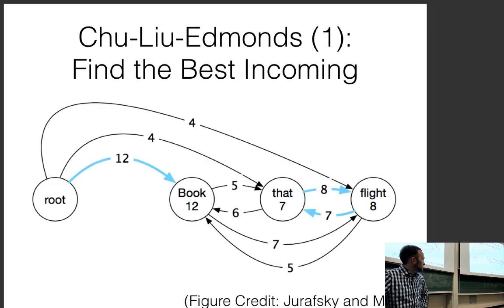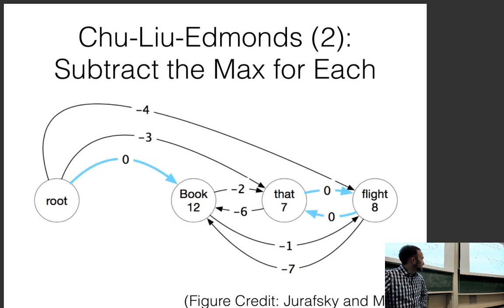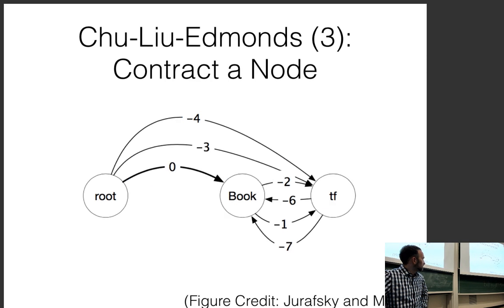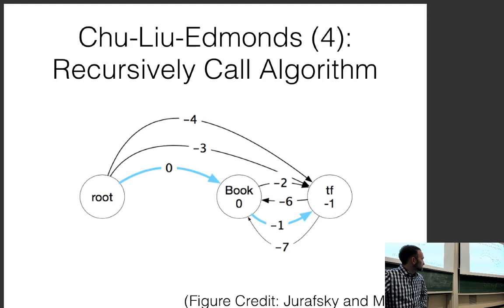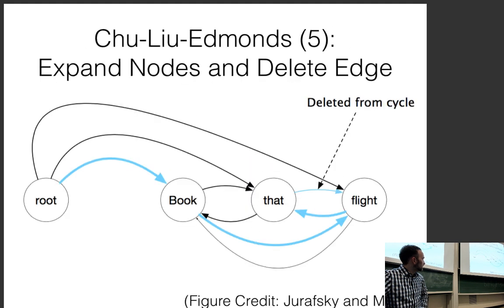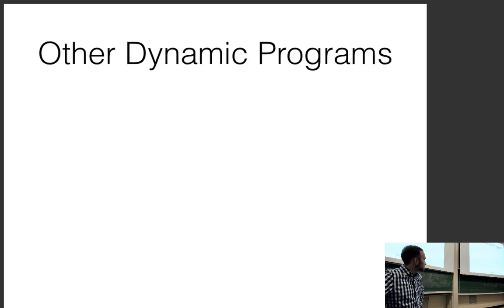So find the best incoming one. Subtract the max for each node. Contract the node. Recursively call the algorithm, and then take the node and delete it from the cycle. That gives you a graph. So this was covered in the reading.